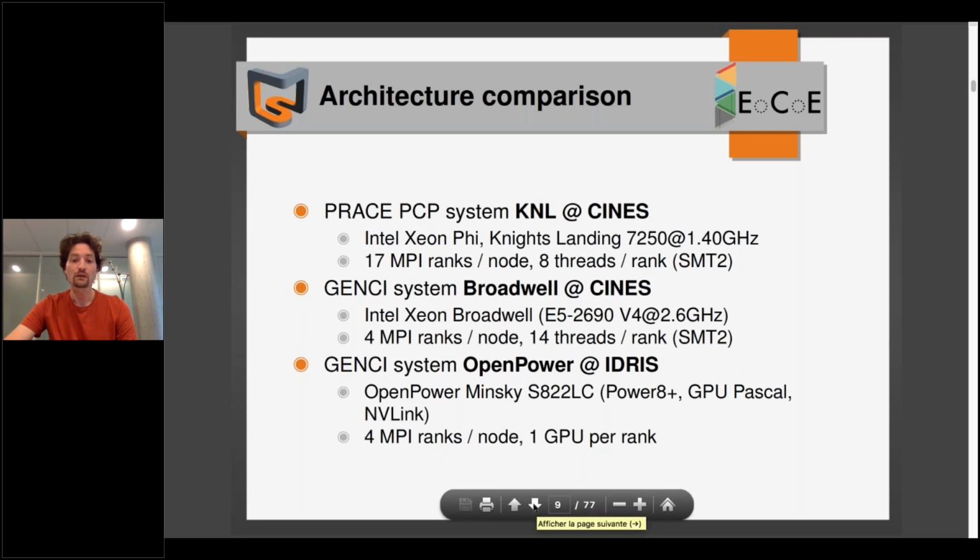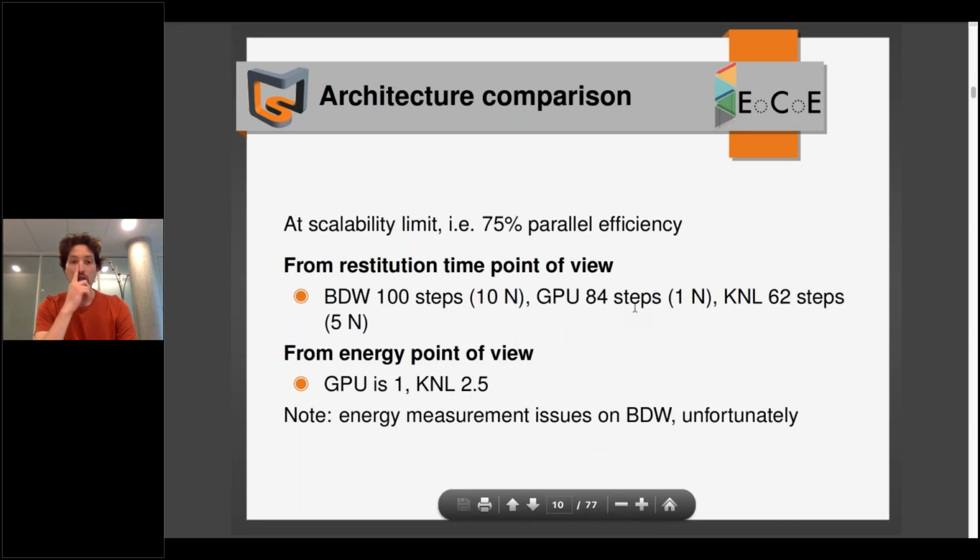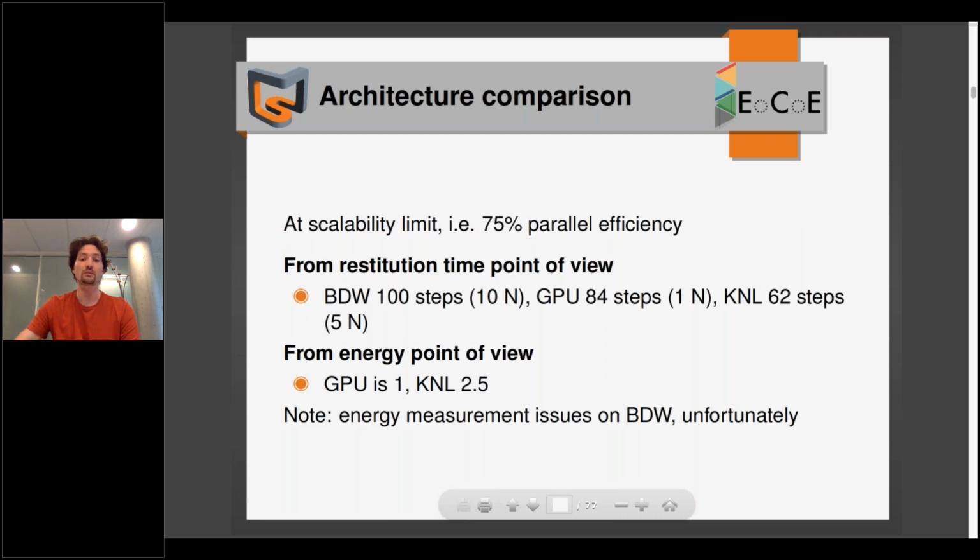In a nutshell, what I've done is push the code to its scalability limit, meaning we increase the number of resources until we reach no less than 75% parallel efficiency.